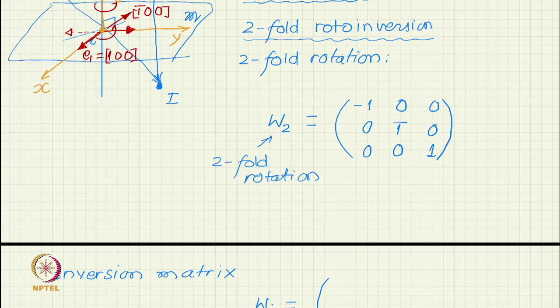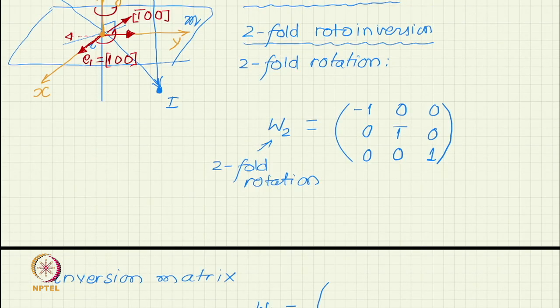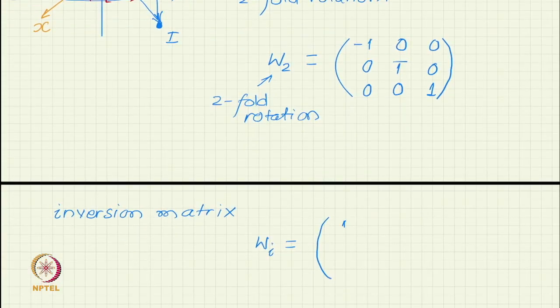If you invert this pen in this center, inversion maps every point to the 180 degree opposite point through the center. So 100 will become minus 100. 010 will become 0 minus 10, and 001 will become 00 minus 1.